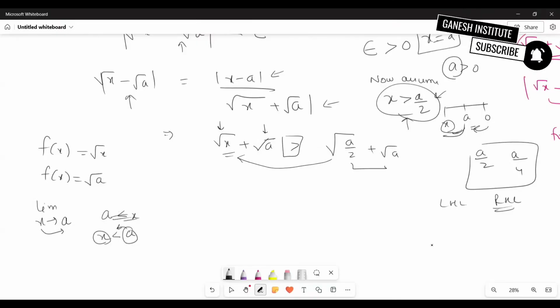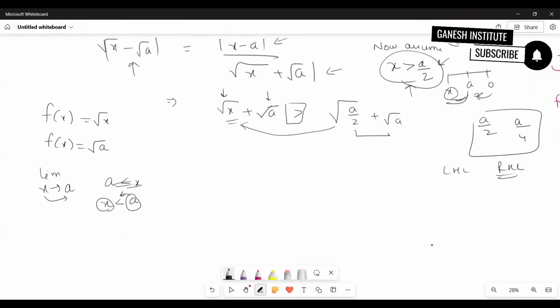So, I'm just confused, you don't know yet that X is more than A. So how do you know that X is more than A by 2? How can you just assume that? I have assumed, for example, this has to be in the neighborhood.